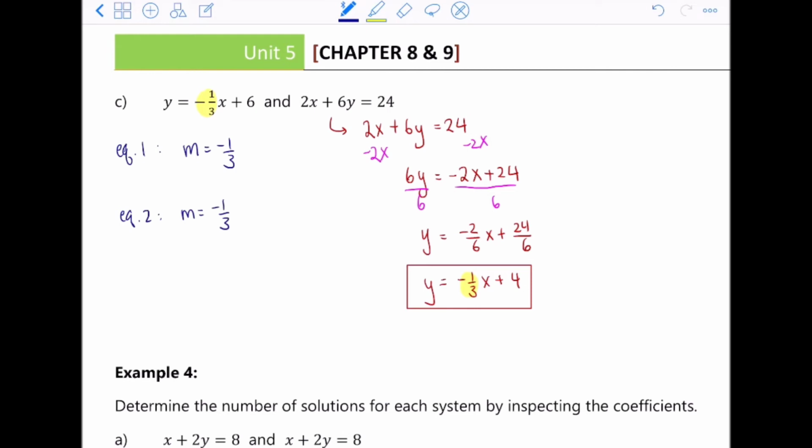Let's take a look at our y-intercept. The first equation has 6 and the second equation has 4. So we can say that these 2 lines are parallel, so therefore they're not going to intersect.